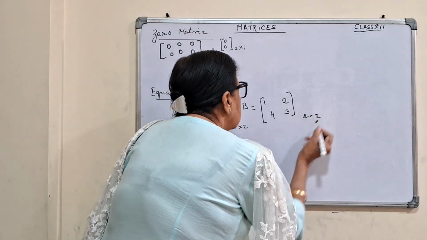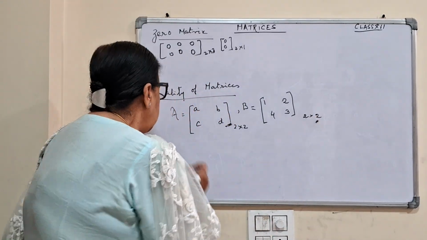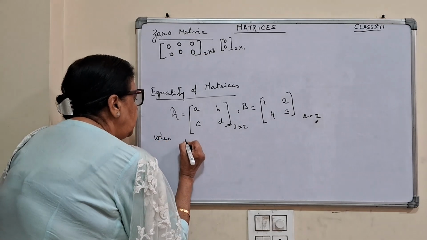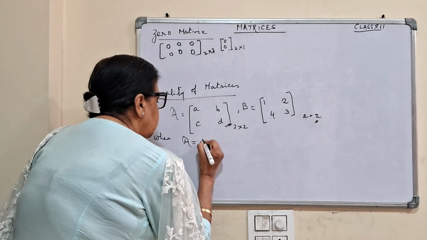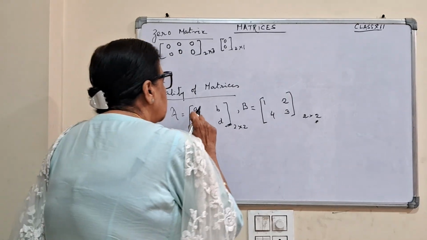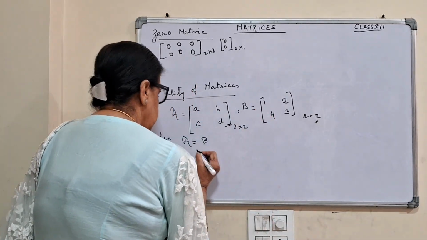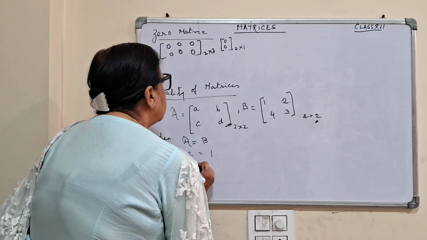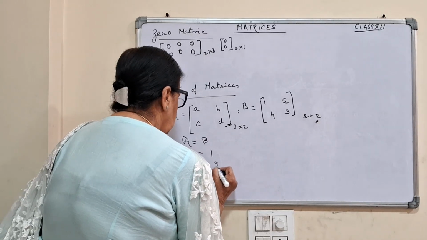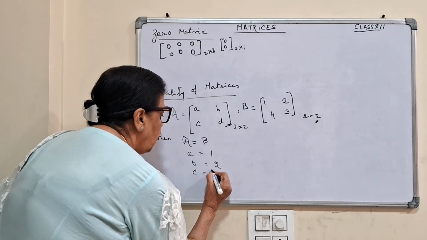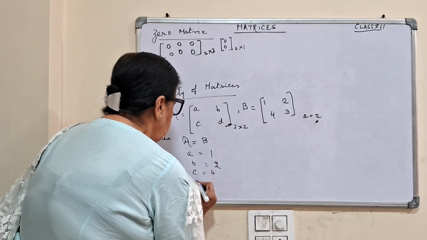They are equal when A is equal to B, and then the corresponding elements are equal. A is equal to 1, B is equal to 2, C is equal to 4 and D is equal to 3.